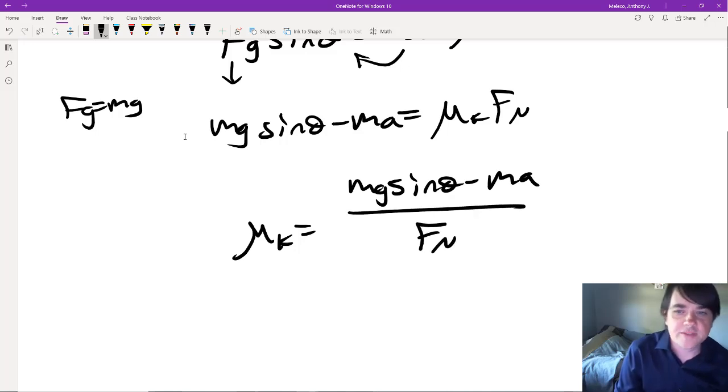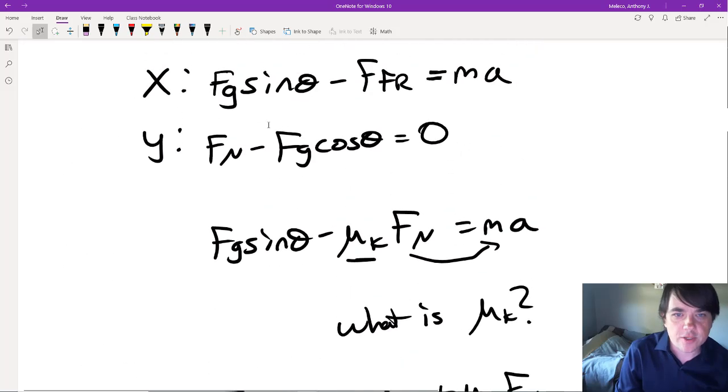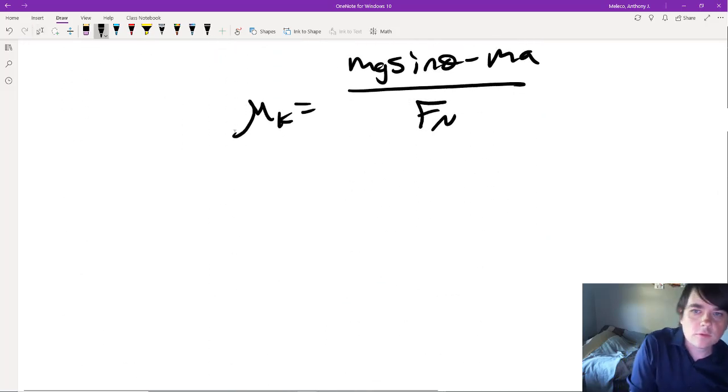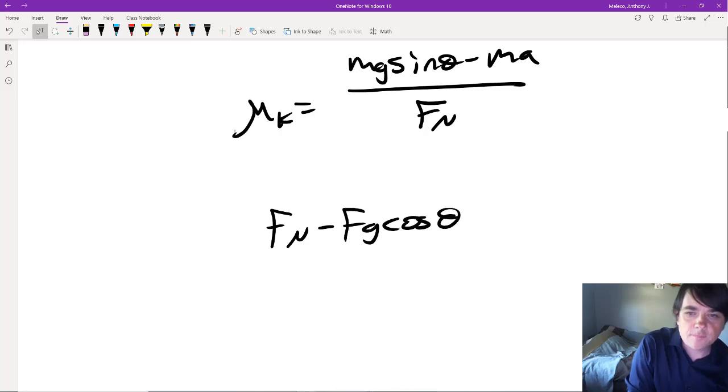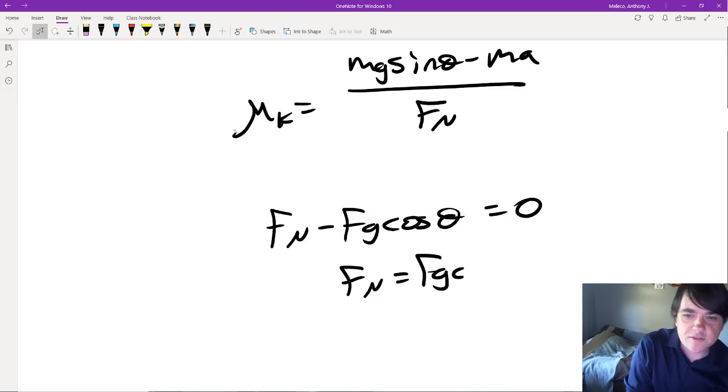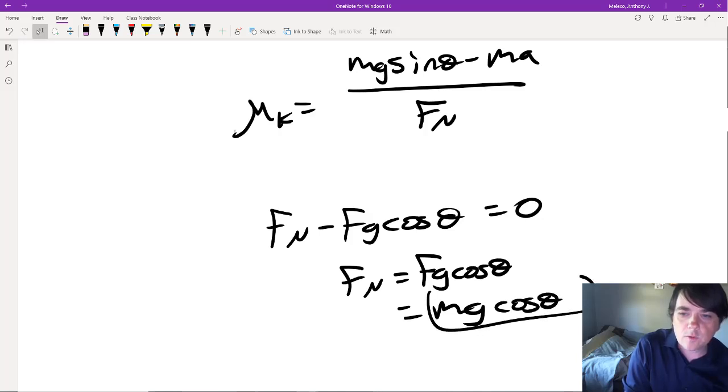Now, what was Fn? Well, we have this other equation up here: Fn minus Fg cosine theta equals 0. So Fn equals Fg cosine theta, which equals mg cosine theta. So we can plug that in there.